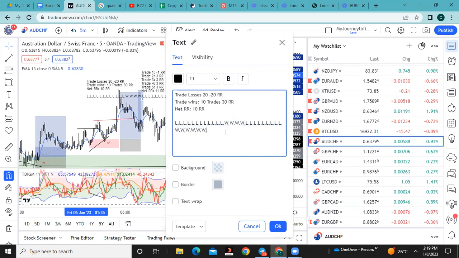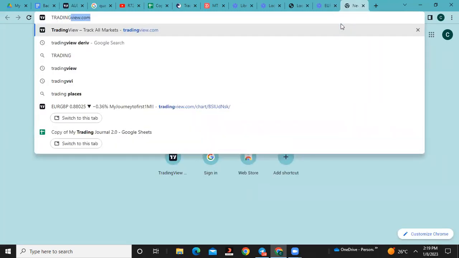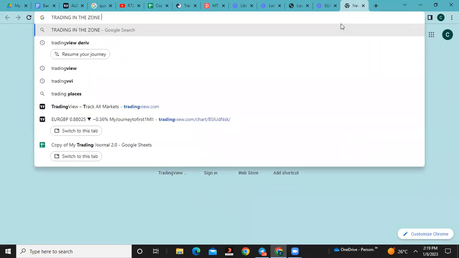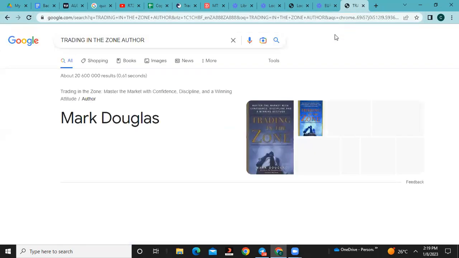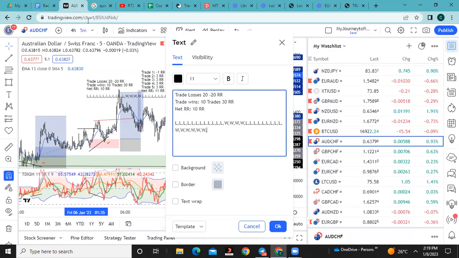You have to look at trading as probabilities. As Trading in the Zone, Mark Douglas said, guys, trading is literally probabilities.